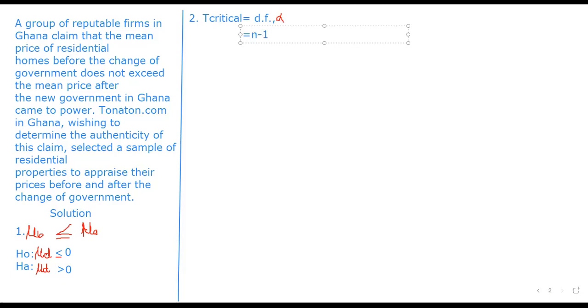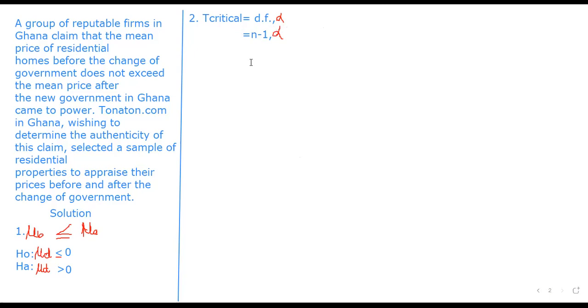But for independence, we are testing two populations, so it is n minus 1 and another n minus 1. When you add, you get n1 plus n2 minus 2. That's the independent case, so forget about that one. But this one, we are dealing with paired or dependent, so it's still n minus 1. And your alpha will be here. You get it?